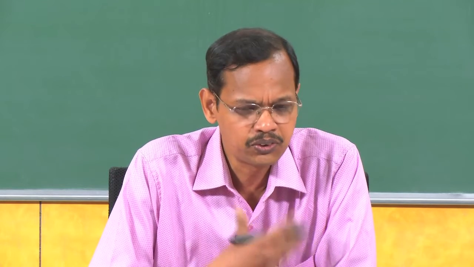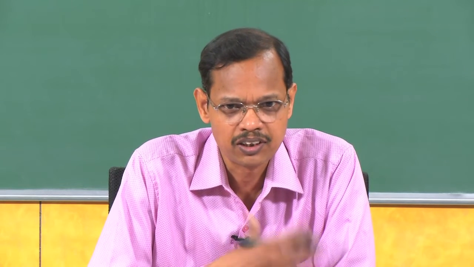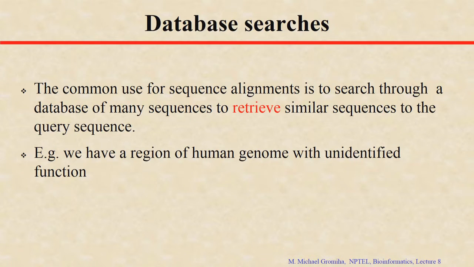Now in this lecture we will see how to use these alignments, and what software tools are available in the literature which are commonly used for aligning sequences or identifying the match for any query sequence. So why do we need this? What is the use of sequence alignment? The common use is this: you have a specific query sequence.